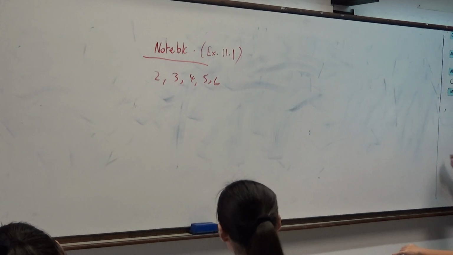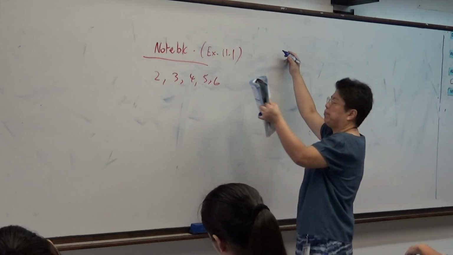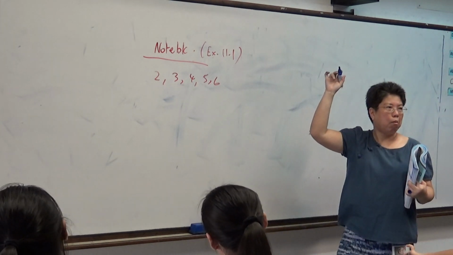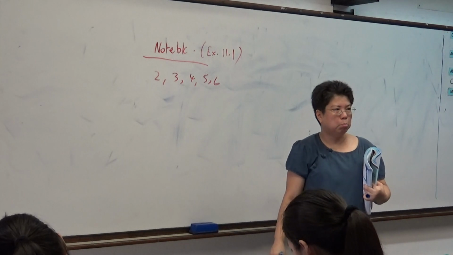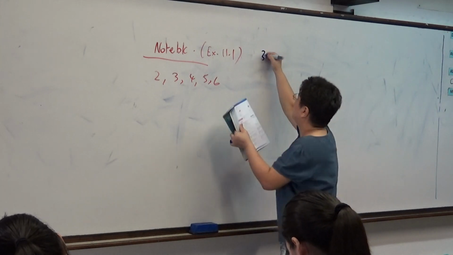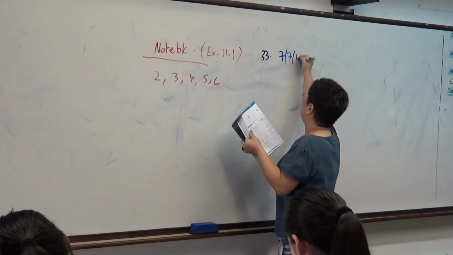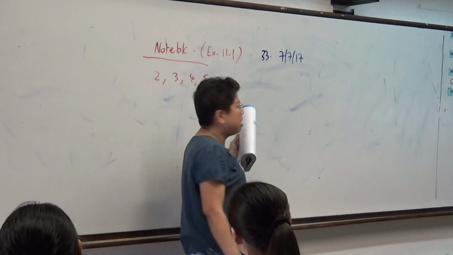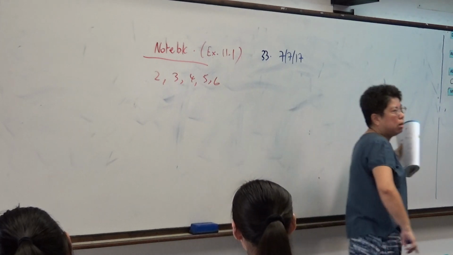May I know what's the number on the content page now of your notes? It must be 30 something. Don't know. 33, yeah? Wow, today's very good, right? A lot of 7. If it's 7, wow.